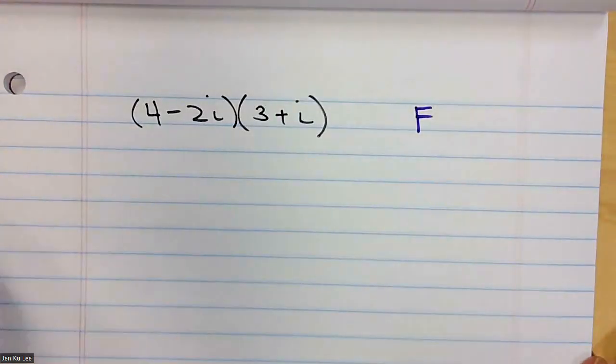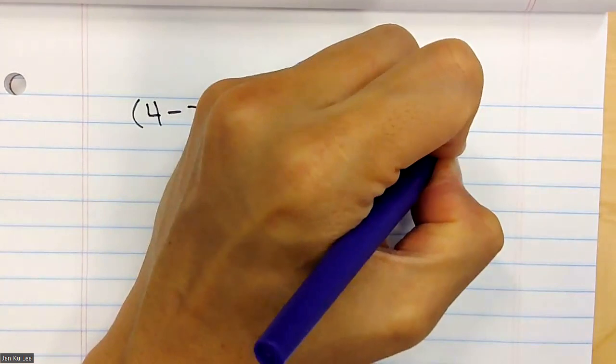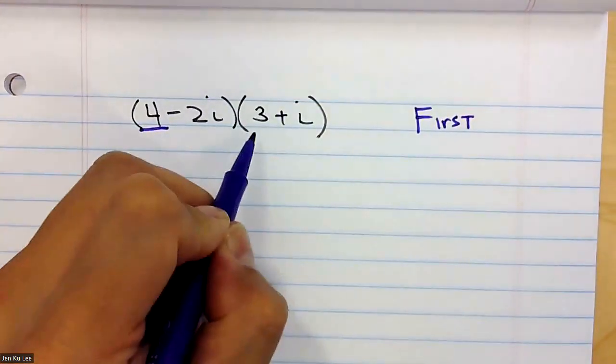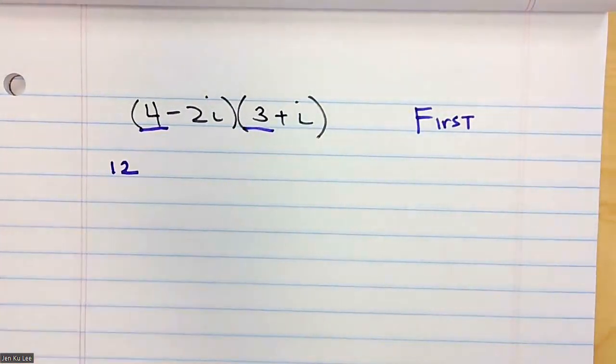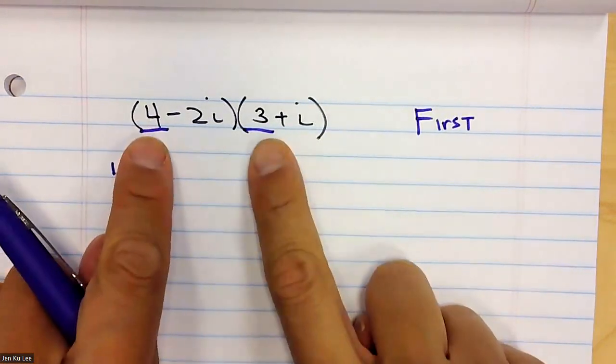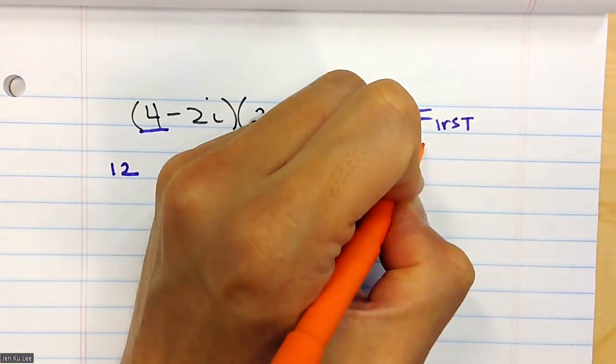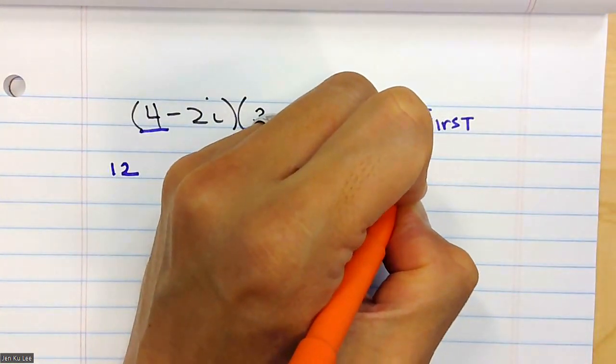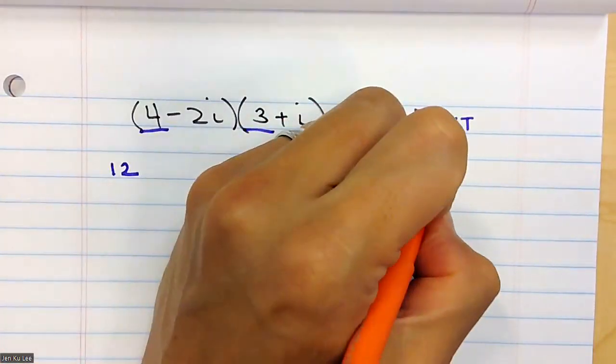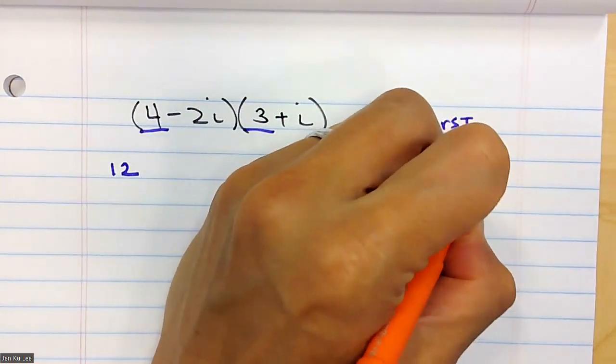The F in FOIL is first. So 4 times 3, that's 12. The first terms of each. The O in FOIL is outside.